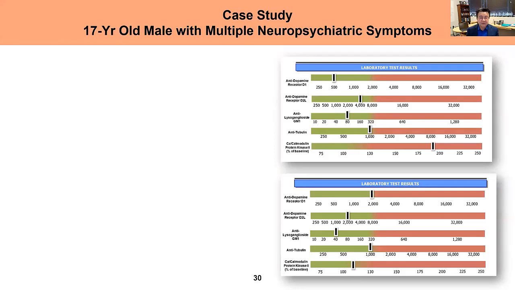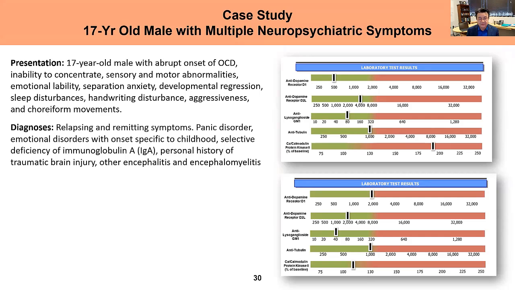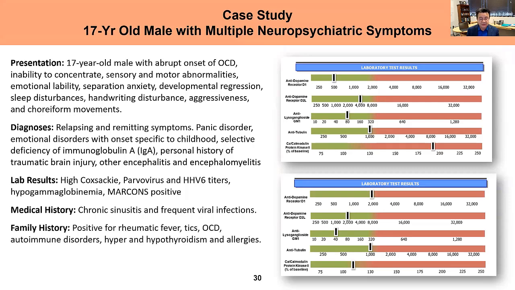This is a 17-year-old young man who had multiple neuropsychiatric symptoms. And what I want to show here is pre and post. This young man had an abrupt onset of OCD, couldn't concentrate, handwriting disturbance, etc., and relapsing and remitting symptoms, panic disorder, etc., high Coxsackie virus, HHV titers, chronic sinusitis, and frequent viral infections, positive for rheumatic fever.